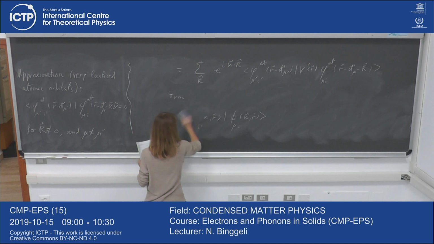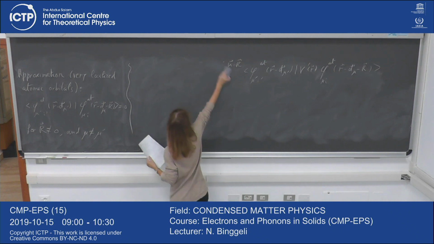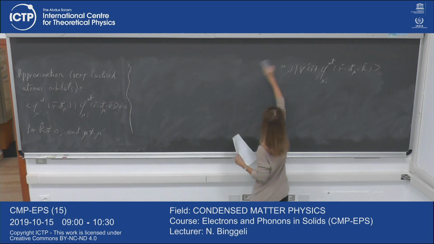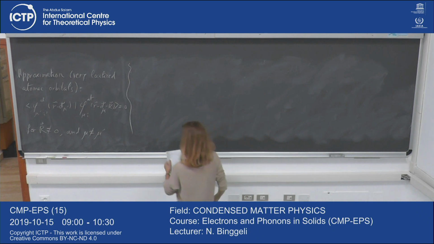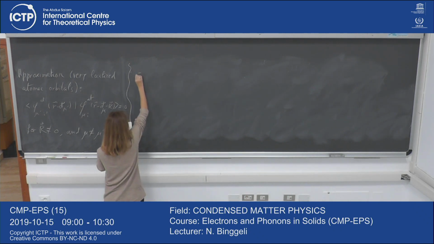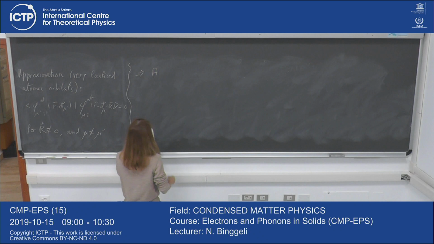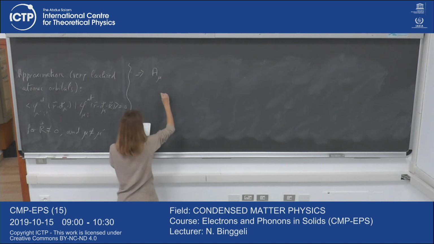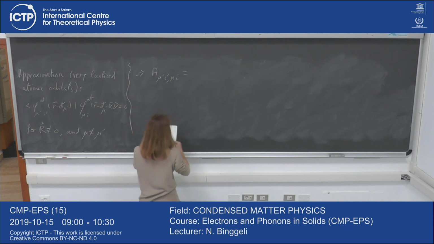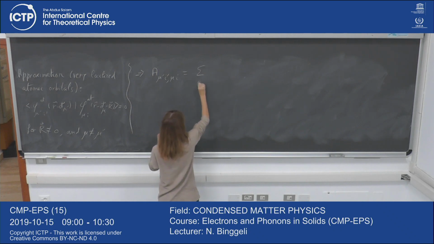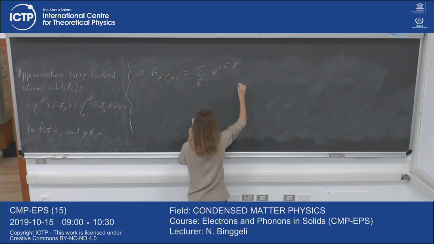So in our system of equations, this will simplify very much what we had. Because we will have now, for the overlap terms between the tight binding functions, so this A matrix, which was the sum of exponential kR.